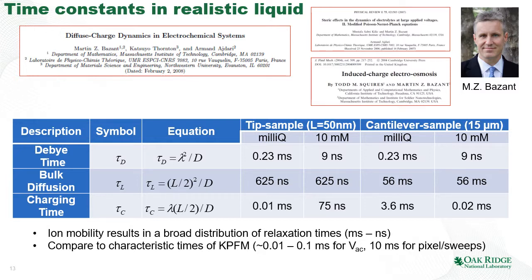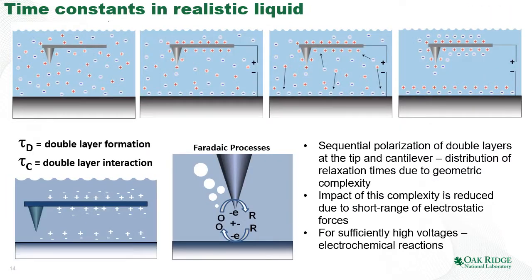But this is already getting very close to the time scale of the scanning probe microscopy measurement. So our relevant time scale is about several microseconds for the oscillation amplitude of the AC bias, and all the way to seconds for the local measurements.